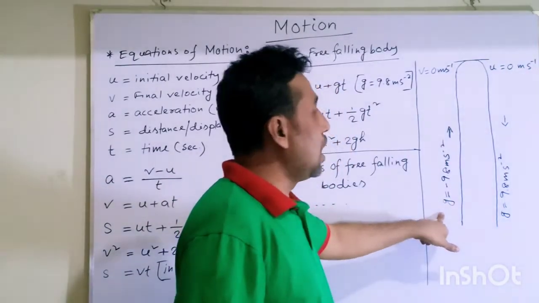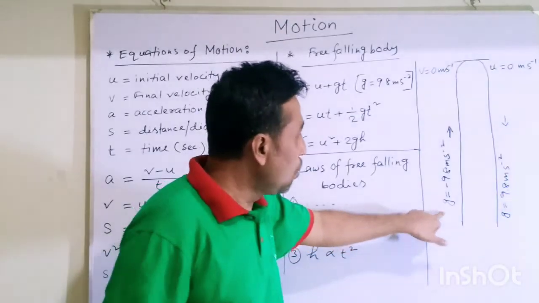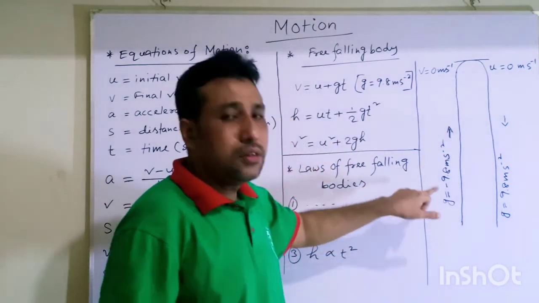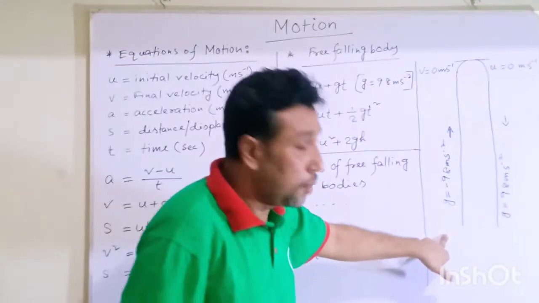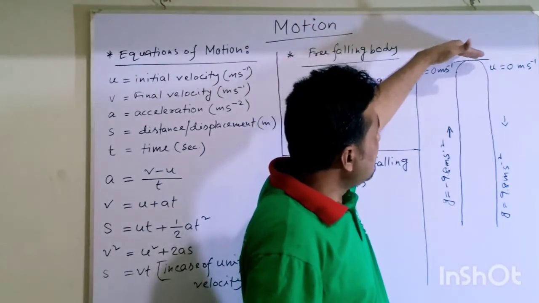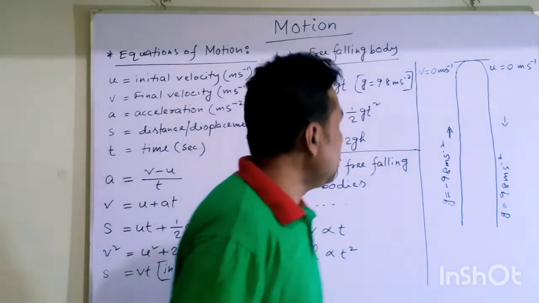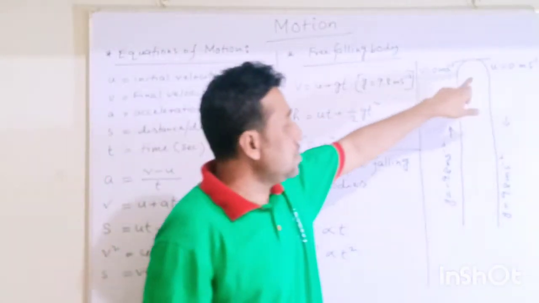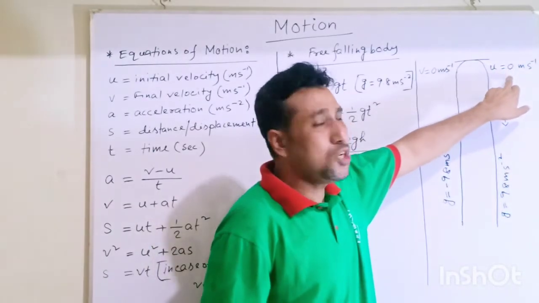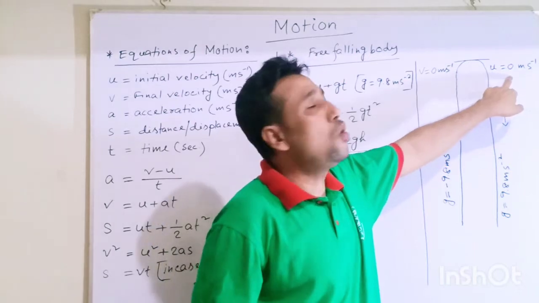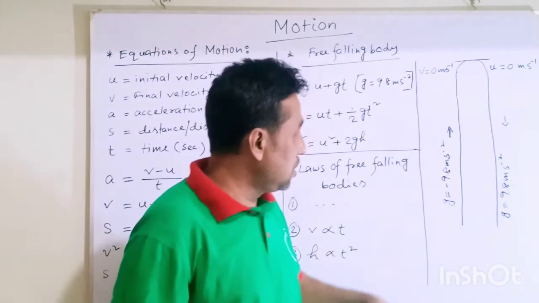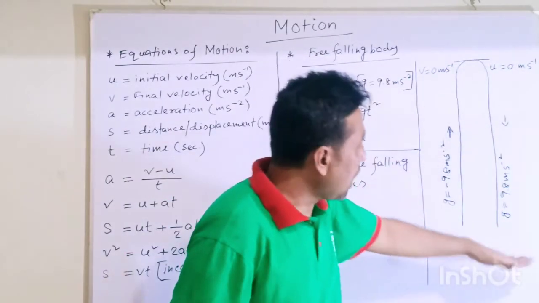G, I mean the acceleration due to gravity, will be negative, as the object is acting against the gravitational strength. Then when an object is released from a particular height, I mean from a definite height, the object is at rest. I mean the initial velocity will be 0 meter per second. There is no initial velocity of the object. When you release the object, it will come to the ground.